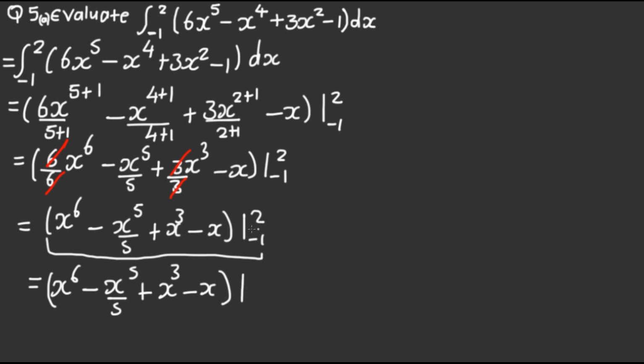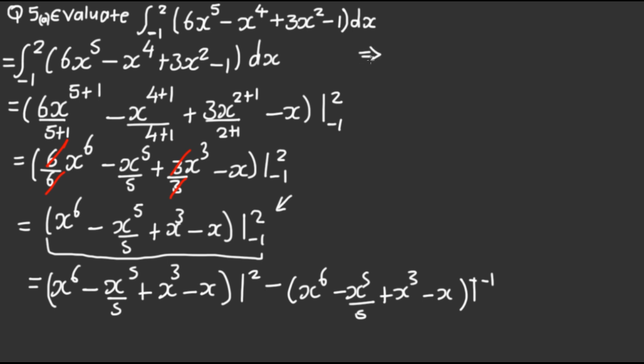So this will be evaluated with the upper limit 2 minus, write the same, x raised to the power 6 minus x raised to the power 5 over 5 plus x raised to the power 3 minus x. This will be evaluated with -1. So I'm going to proceed from here.